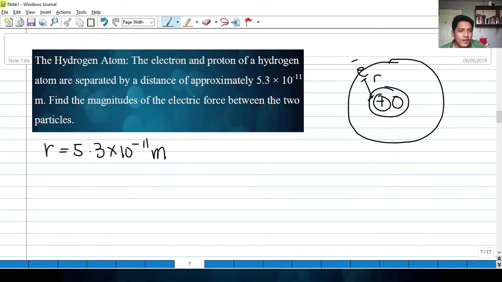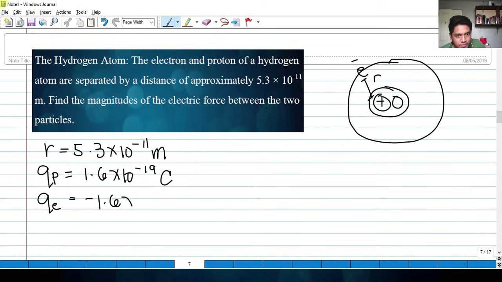The charge of the proton and the charge of the electron are constant. The charge of the proton is 1.6 times 10 raised to negative 19, and the unit of charge is Coulomb. The charge of the electron is negative 1.6 times 10 raised to negative 19 Coulomb.